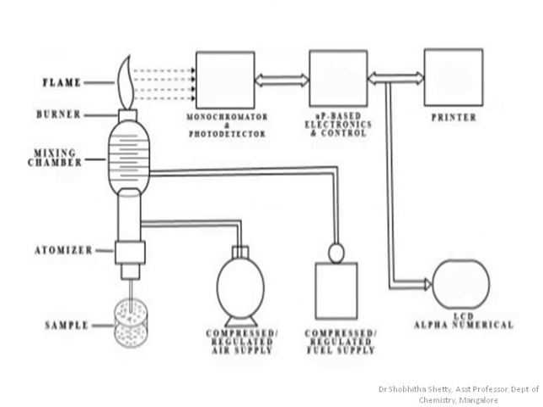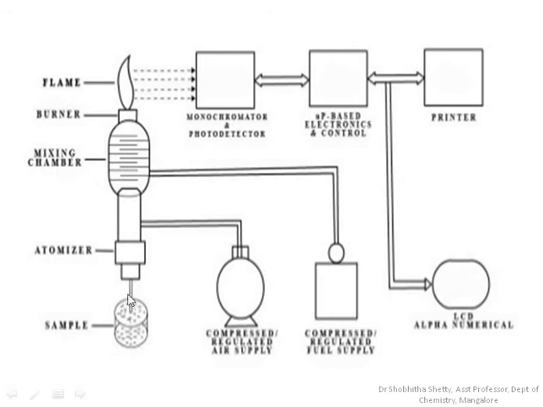which represents the flame photometry setup. You can see here the sample is placed here. You have an atomizer here, and through the capillary, that is through the nebulizer, this sample, if you want to analyze a metal ion or element, its corresponding solution has to be prepared as a metal ion solution.